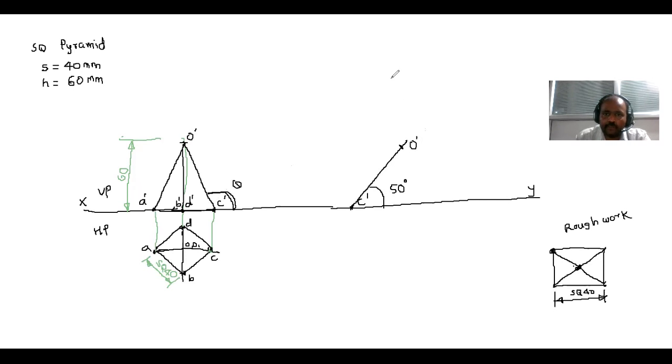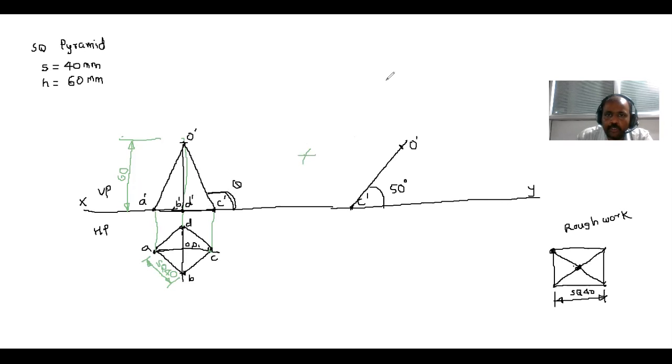Once I got the point O dash, I take the distance O dash to A dash from the first stage in a compass, and from point O dash draw an arc. Then take the distance C dash to A dash and draw another arc.